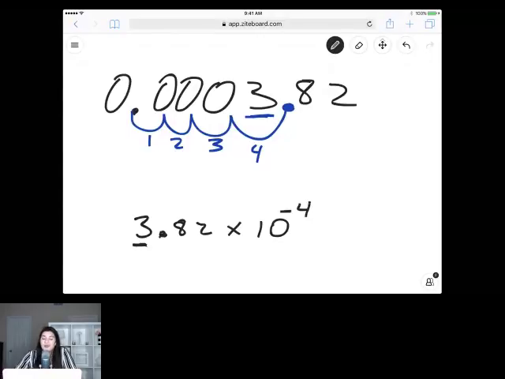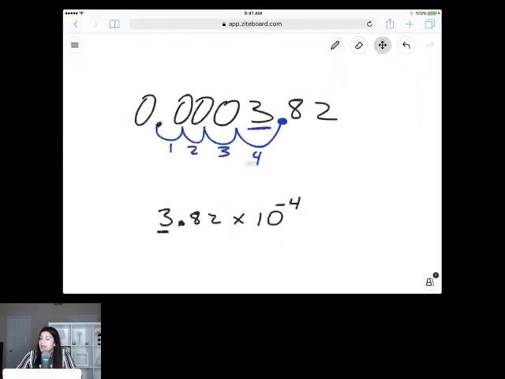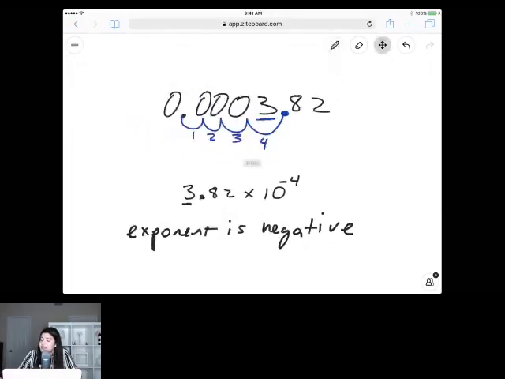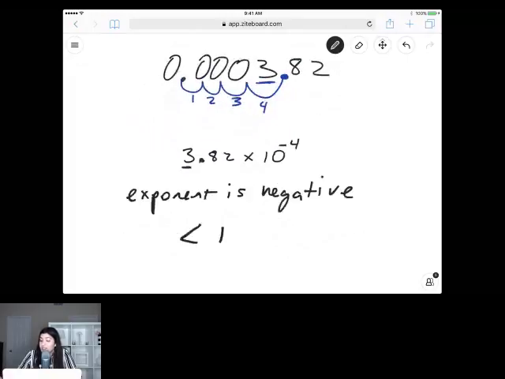How I like to remember this, because I know it can get tricky: the exponent is negative whenever the initial number is less than 1. So a very, very small number will have 10 to some sort of negative exponent.